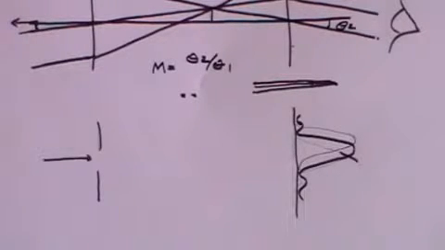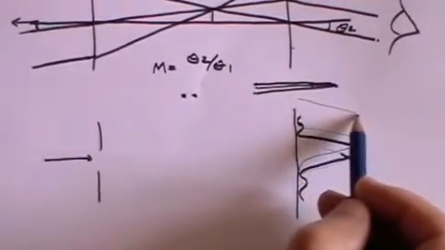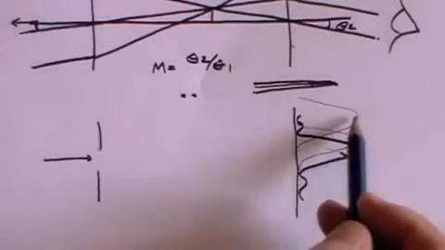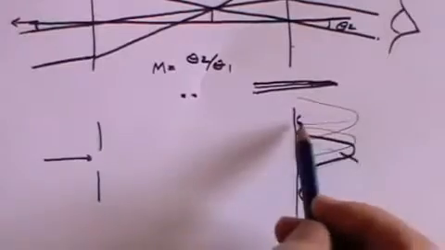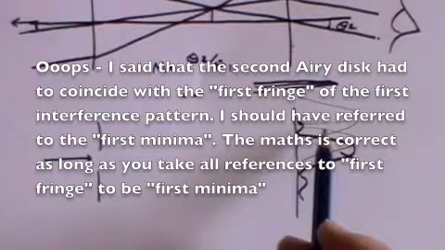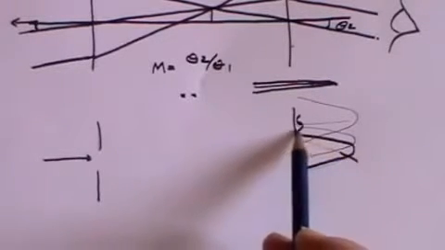And the argument goes that you can only resolve the two points of light as being distinctive if the airy disk of the second point of light is separate from the first and essentially coincides with the first fringe of the first interference pattern.